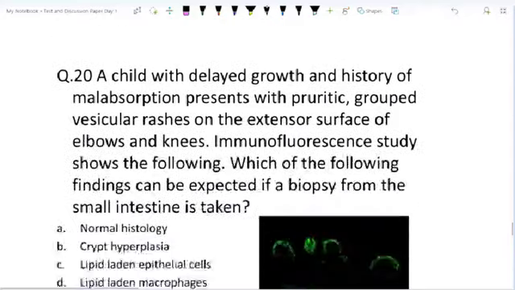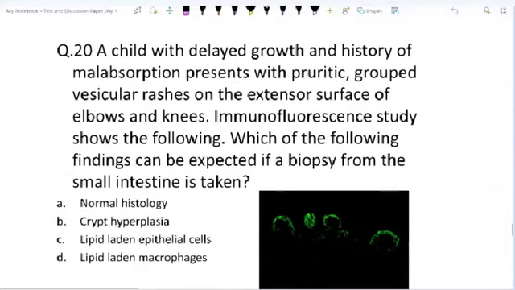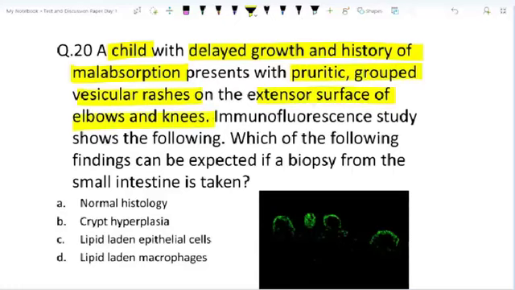Next, a child with delayed growth and history of malabsorption. So you have a patient who is a child, with delayed growth and history of malabsorption, so maybe some kind of malabsorptive disorder in the intestine. Pruritic grouped vesicular rashes in the extensor surface of elbows and knees. Now there are some image-based questions I've put so that you can understand how to correlate different subjects and the same topic from different subjects.